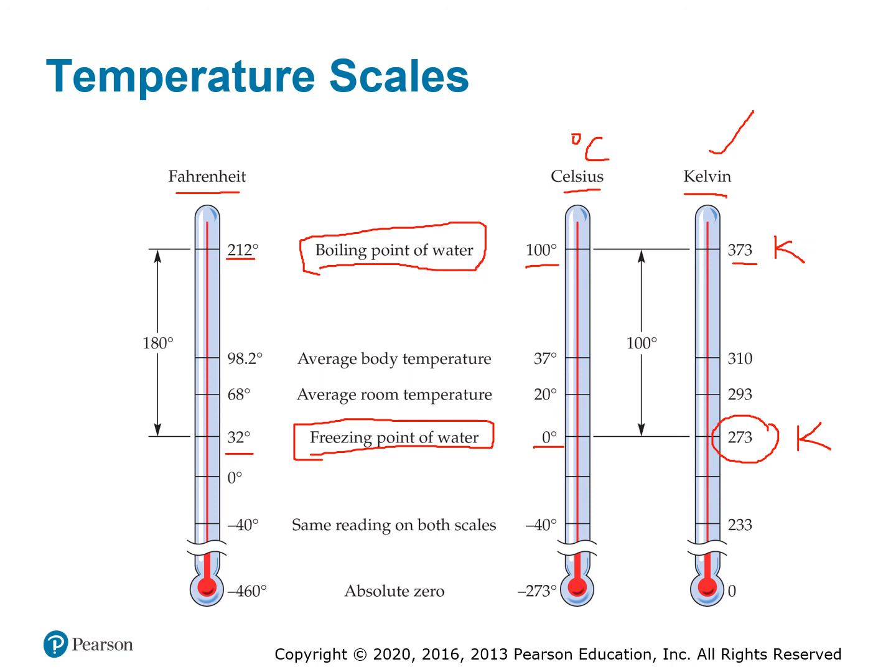Another important point here is 0 Kelvin corresponds to negative 273 degrees Celsius, and that is referred to as the absolute zero. So you can't go below that temperature in the labs to measure things. 0 Kelvin is the absolute temperature.